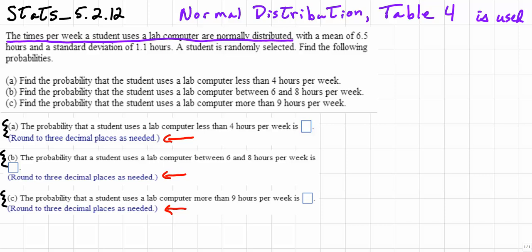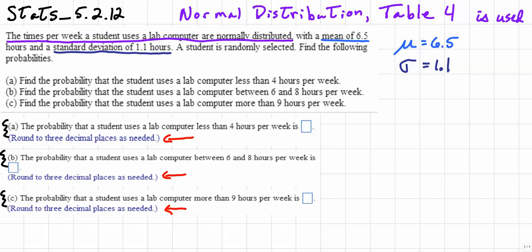Now, let's further break this down. We have a mean of 6.5 hours and a standard deviation of 1.1 hours. A student is randomly selected, and we want to find the following 3 probabilities.